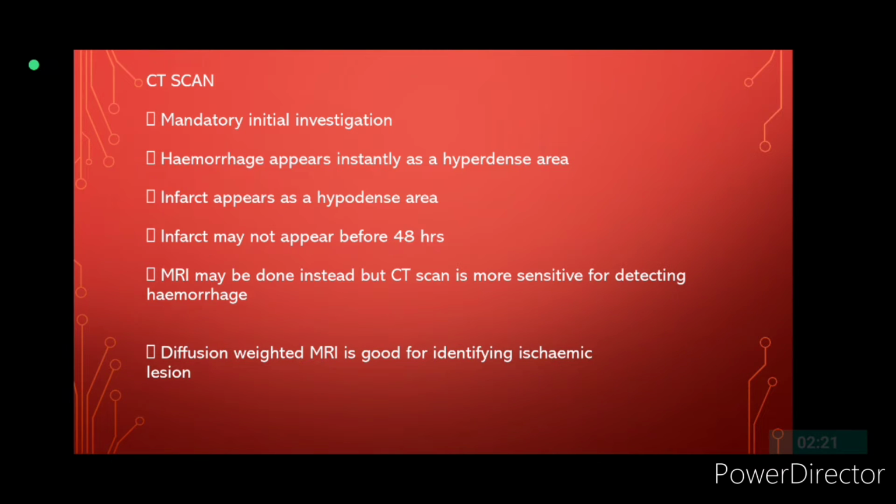Fourth point, infarct may not appear before 48 hours. Fifth point, MRI may be done instead, but CT scan is more sensitive for detecting hemorrhage. Sixth point, diffusion weighted MRI is good for identifying ischemic lesions.